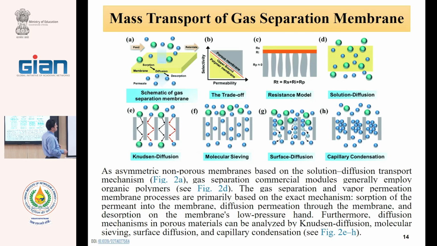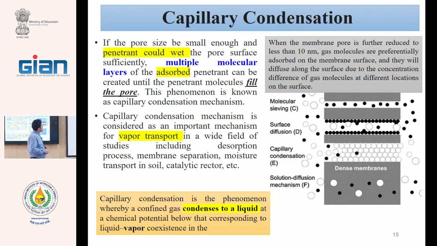I said there are other mechanisms, such as capillary condensation. In capillary condensation, we have a vapor, and vapor is different from gas. You know, we say oxygen gas, nitrogen gas, but we say water vapor. That means with increasing pressure, water vapor can be condensed. Vapor can be easily condensed, but gas cannot be condensed in usual conditions.